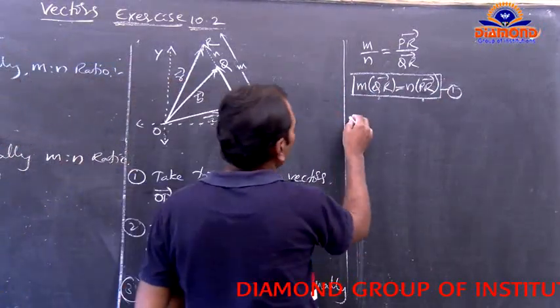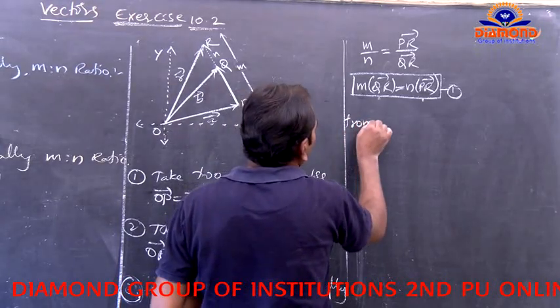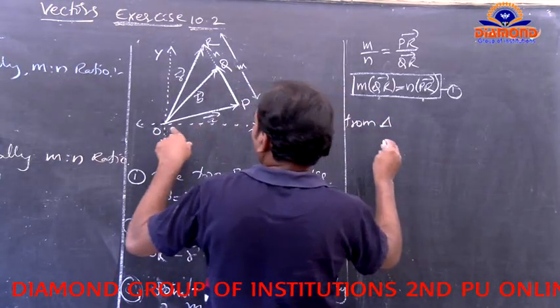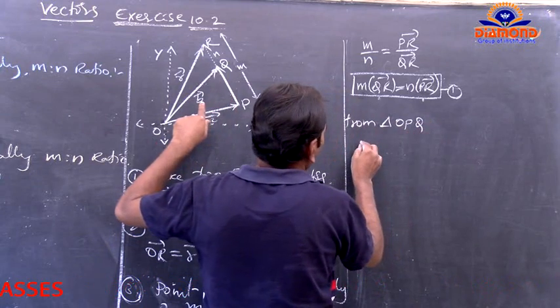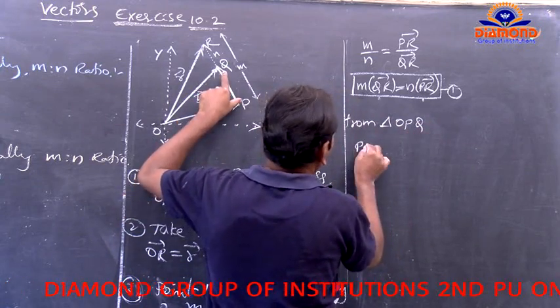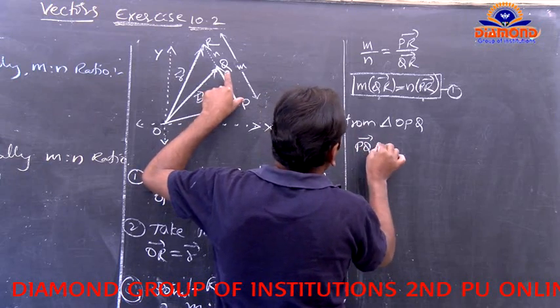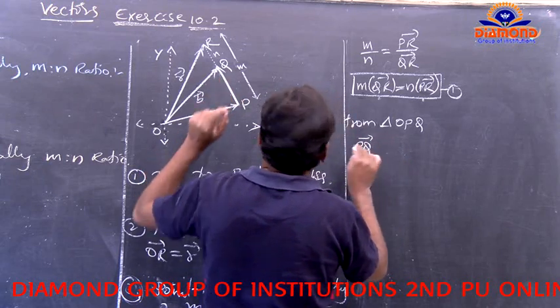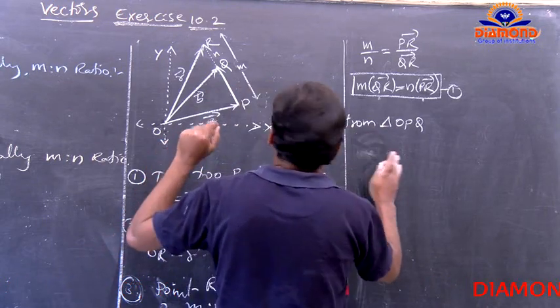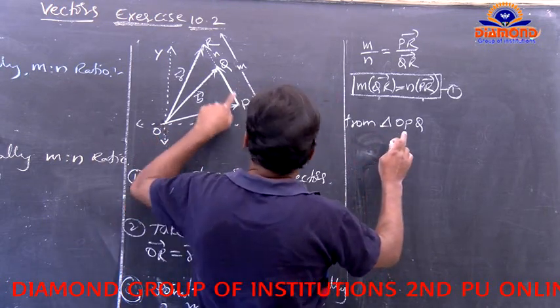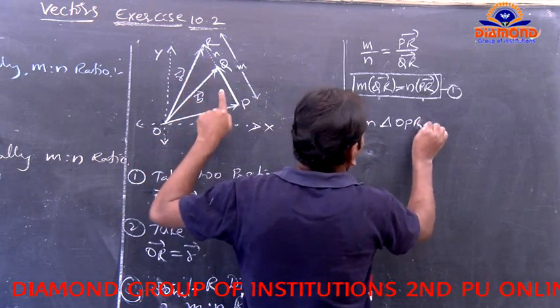So first of all, from triangle OPQ, PQ equal to PQ vector. Yes, triangle OPR. Now we take OPR.